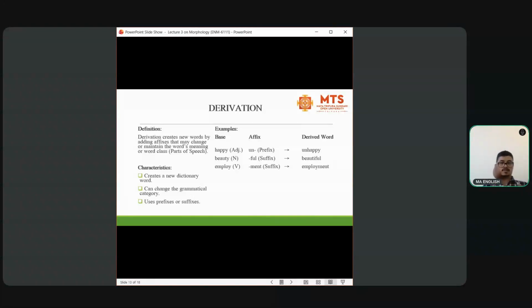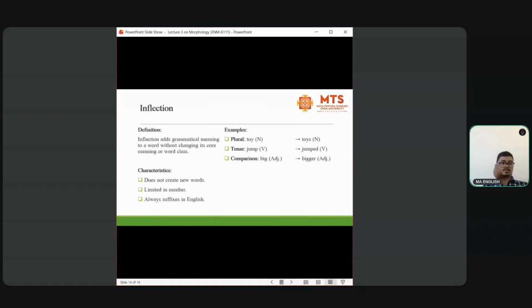Look at the base words: happy, adjective; beauty, noun; employ, verb. See how new words are created from happy to unhappy, beauty to beautiful, employ to employment, right? By adding affixes.